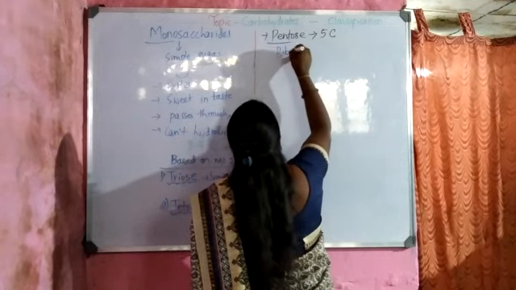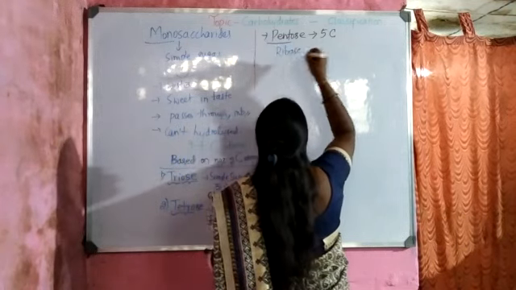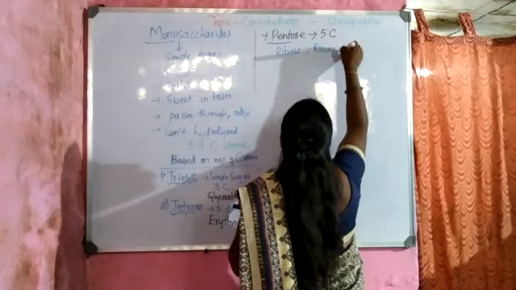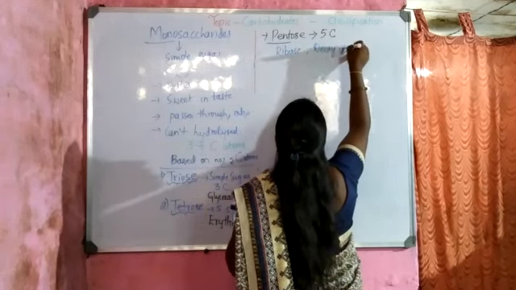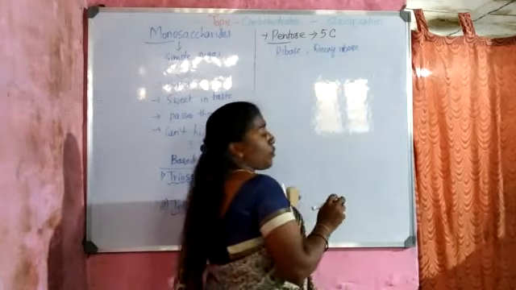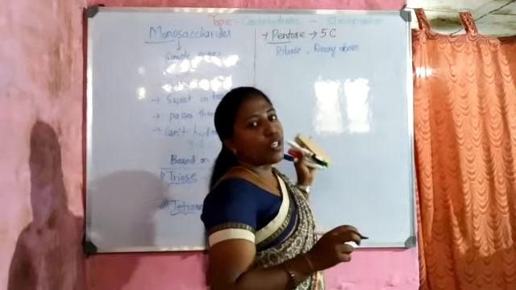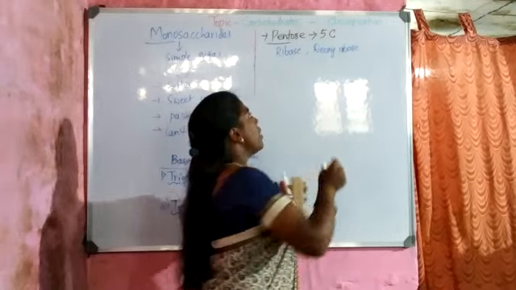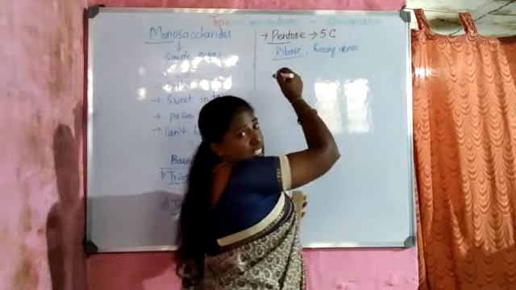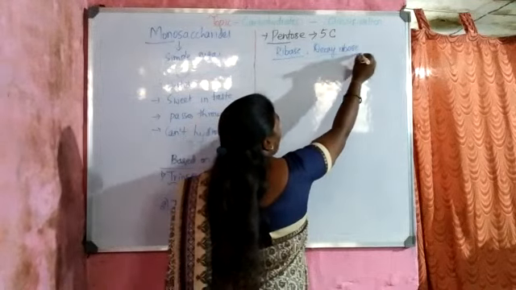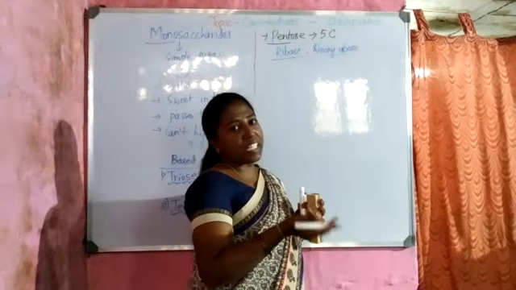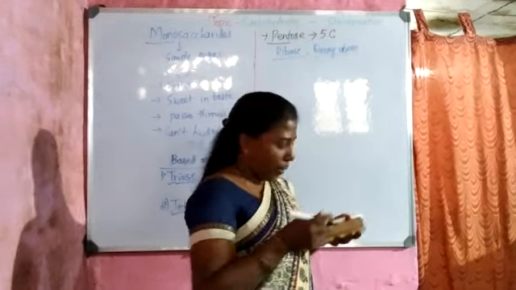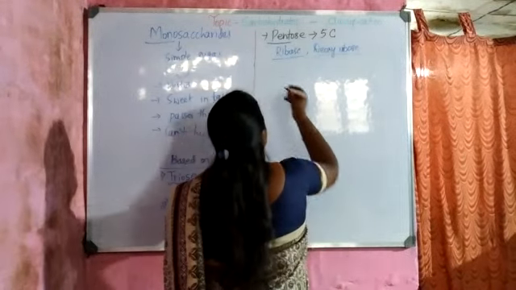One more example is deoxyribose. Where can we find the ribose? Ribose is found in case of RNA, ribose nucleic acid. Deoxyribose can be found in case of DNA, deoxyribose nucleic acid.